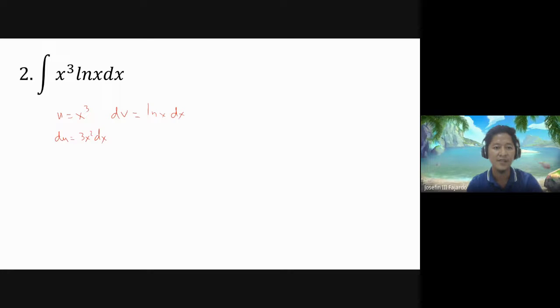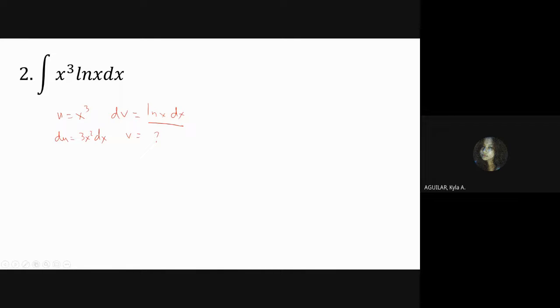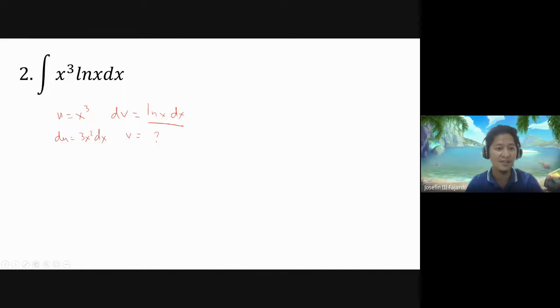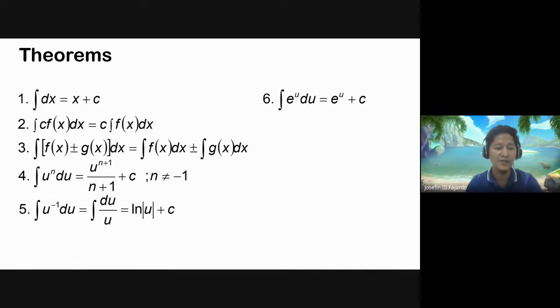And if I get my v, wala tayong integral ni ln x dx, di ba? Notice wala tayong integral ni ln x. Ang meron tayo, integral ng 1 over x, right? If you would remember that, ito, integral ng 1 over u du. Pero wala tayong integral ni ln.